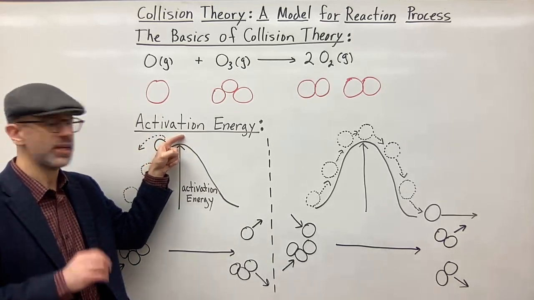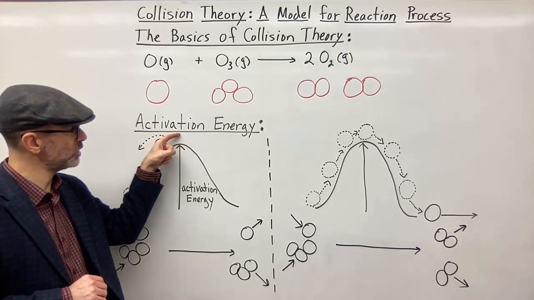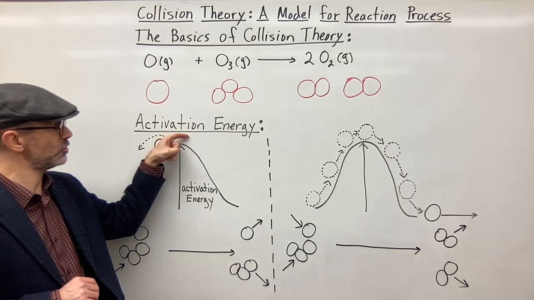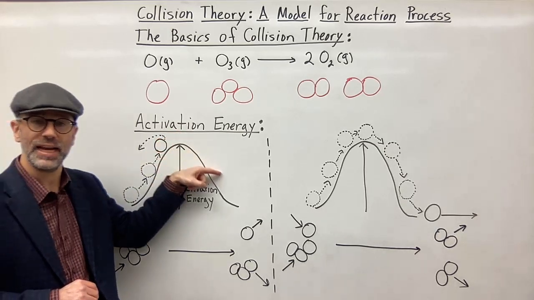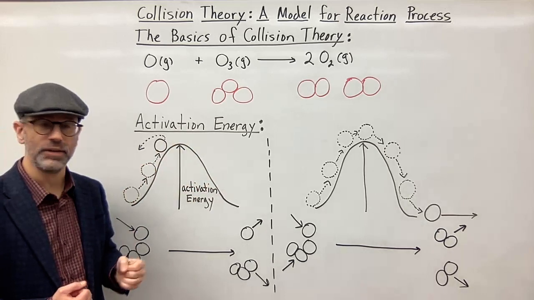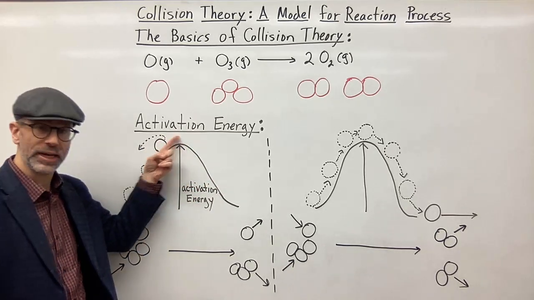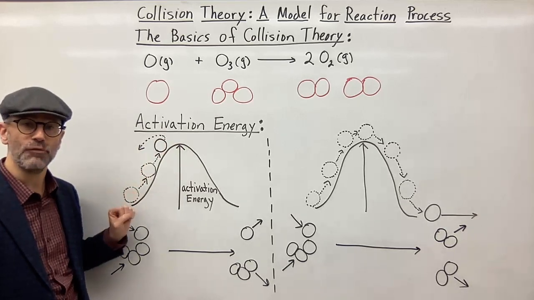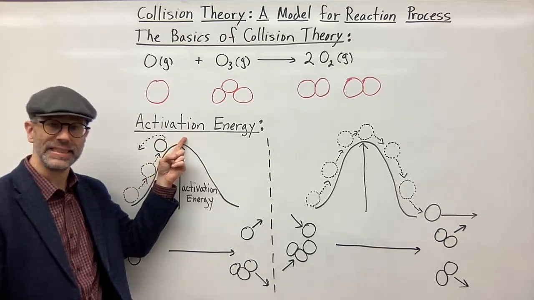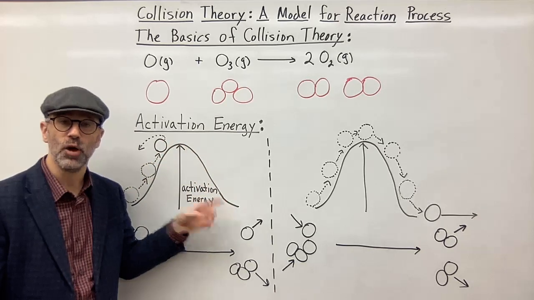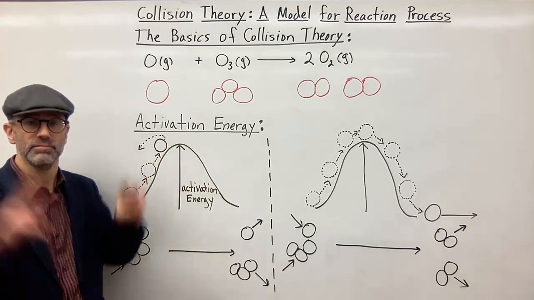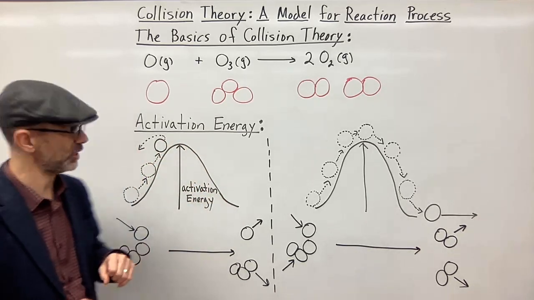So the potential energy at this point will automatically convert to kinetic energy by the act of gravity. But in order to get it to this point, I need to supply enough energy so that the ball can get there and then roll down on its own, right? On its own, with gravity.